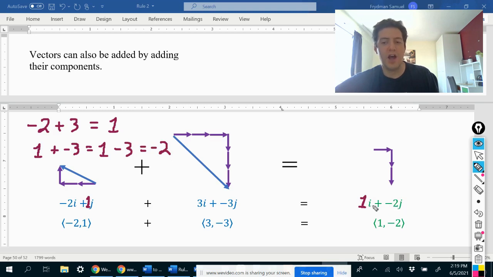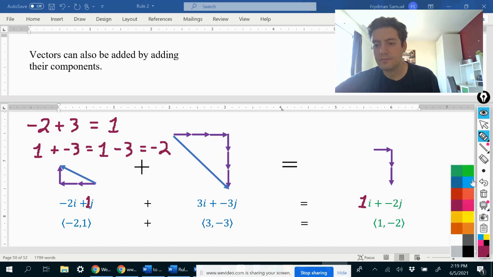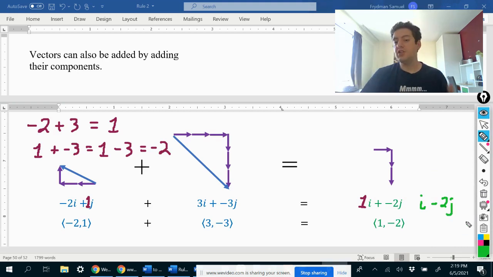So the final answer is i plus negative 2j. You could also write that, I'll do it in green, as i minus 2j. If you wanted to, you could write it as negative 2j plus i. That would also work. Okay, so you can write it in different ways.